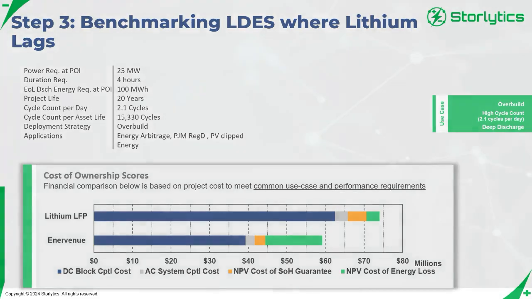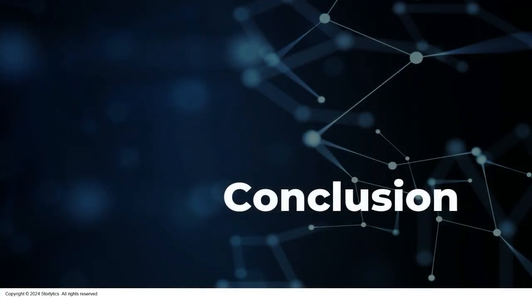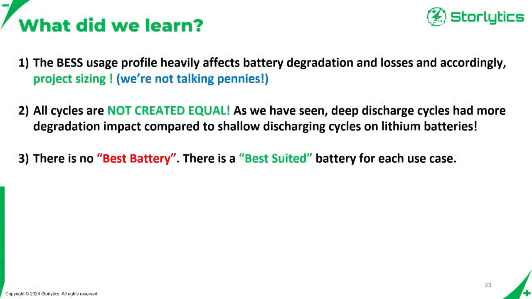All right. So, conclusion here. One, the usage profile heavily affects battery degradation and losses, and accordingly project sizing. And this is not something that should be taken lightly. It does make a big difference exactly how you intend to dispatch a system. Two, all cycles are not created equal.